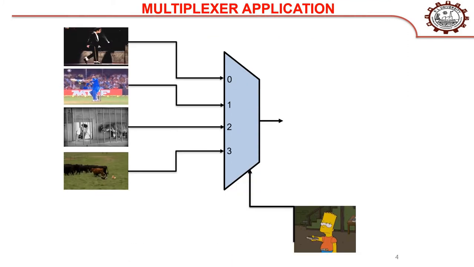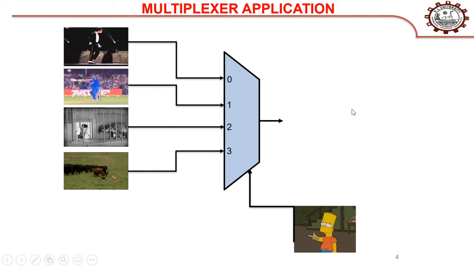Just look at this picture. Here 4 channels are there: a music channel, a sports channel, a comic related channel, and an NGC kind of channel. In your TV remote, you press a number or some program, and then that program will be displayed on the screen.